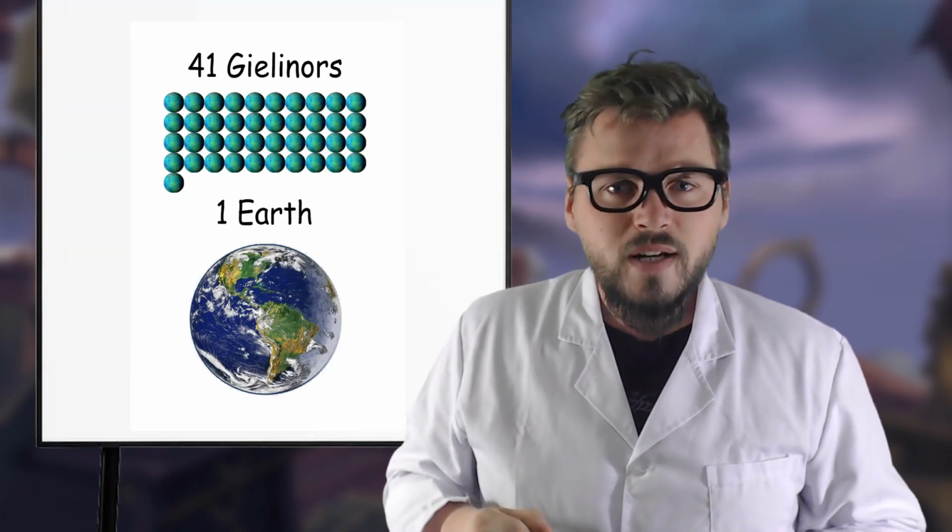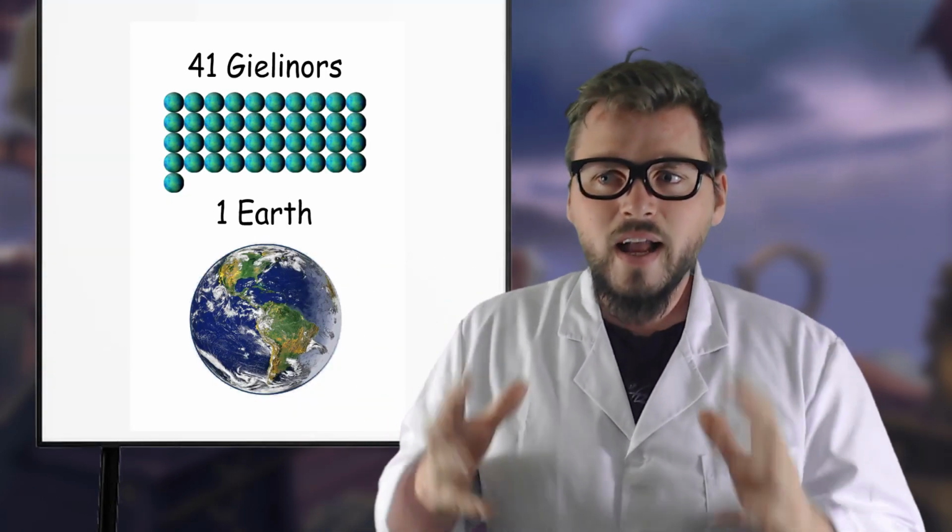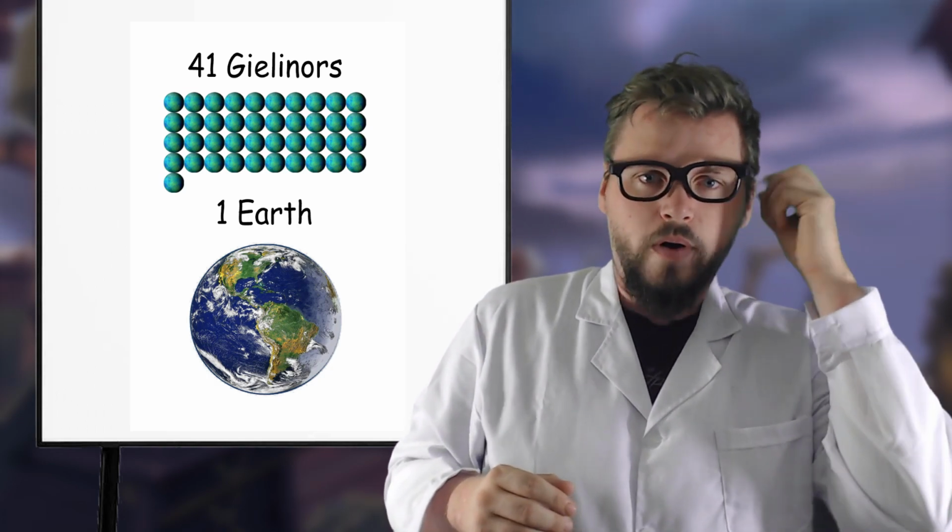Compared to Earth, I checked the volume, and the volume of Gielinor is 41 times less. It's a tiny little planet. Gielinor's a small boy. So, I'm expecting the mass will probably be, hopefully, about 41 times smaller.